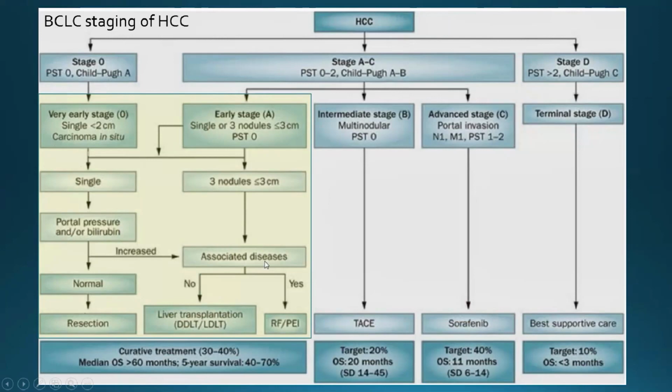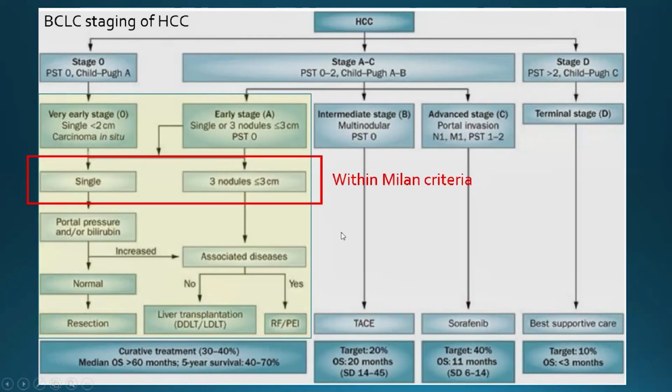But if there is an associated disease such that they cannot go through the process of liver transplantation and procedure, they do get ablation therapy with radiofrequency ablation or percutaneous ethanol injection, which, as we discussed, can cover smaller tumors, but the tumor is probably bigger.